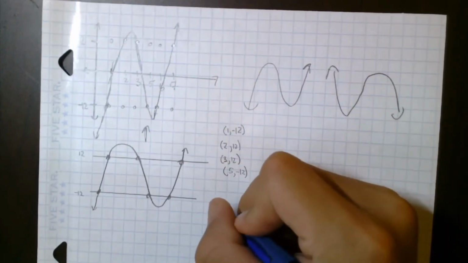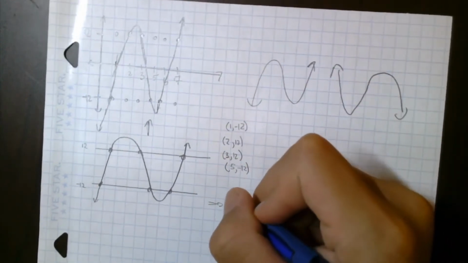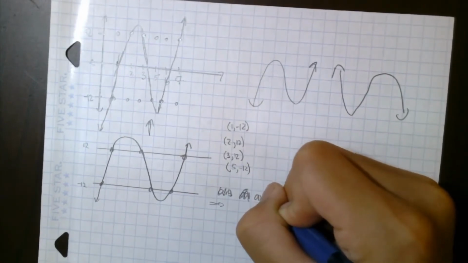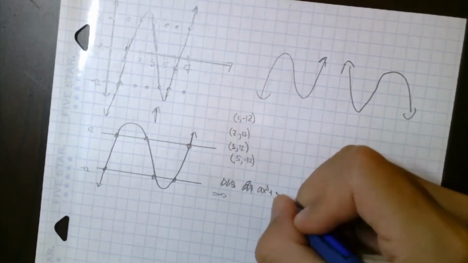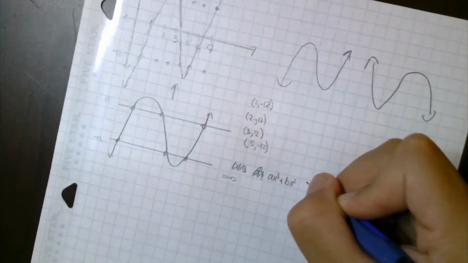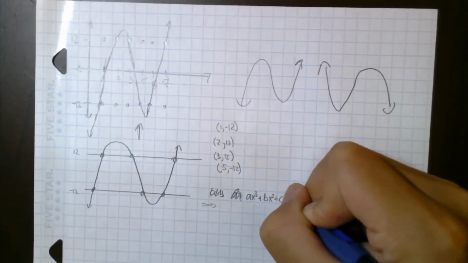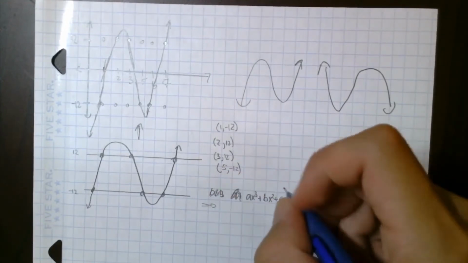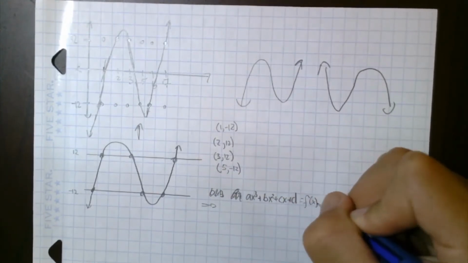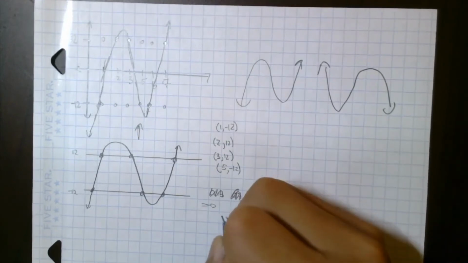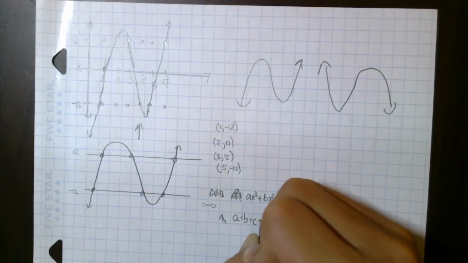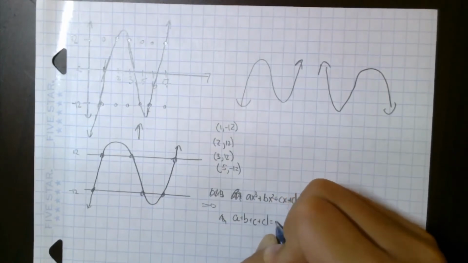So if the cubic is ax cubed plus bx squared plus cx plus d, then from 1, negative 12 we get a plus b plus c plus d equals negative 12.